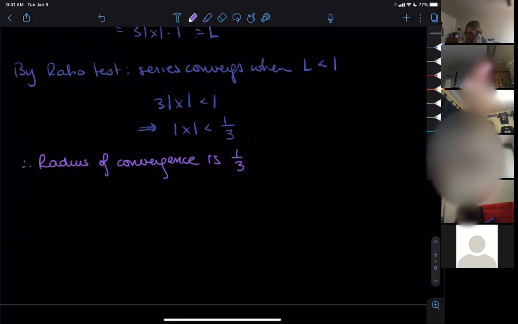If we think about what this looks like, so absolute value of x is a third. If I think about the number line, here's 0, here's a third, here's negative a third. So we're saying that it converges inside here. Here's the center.